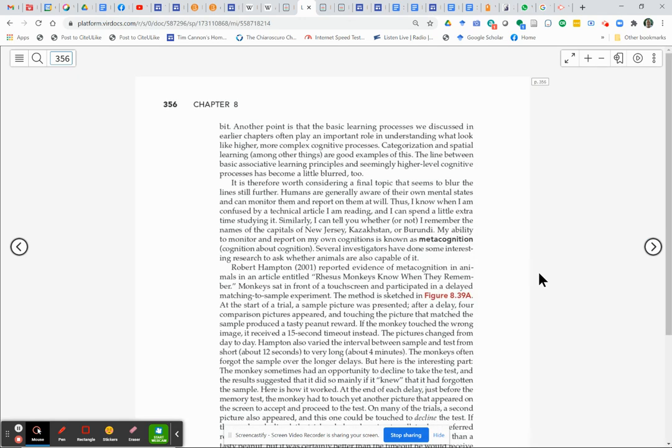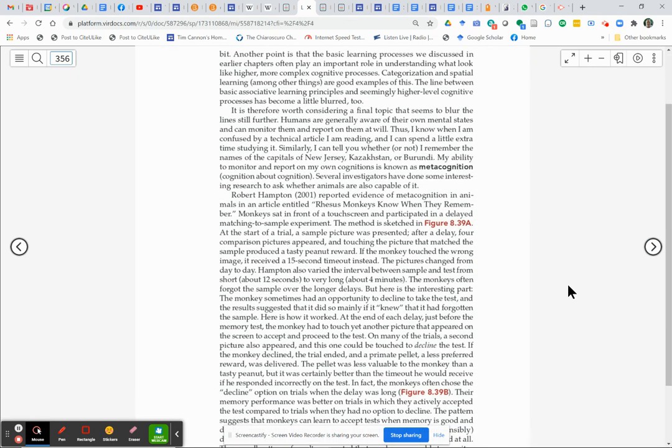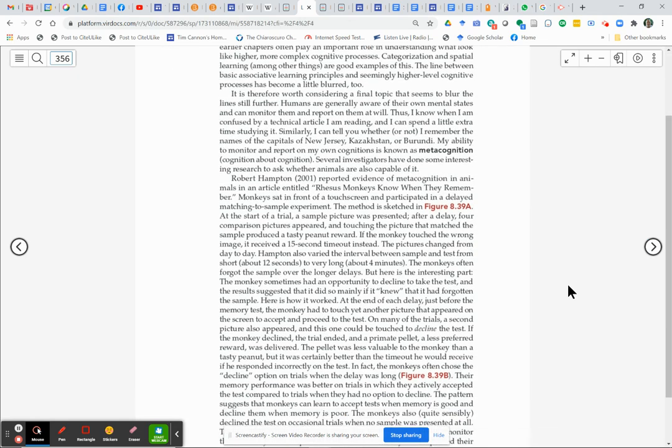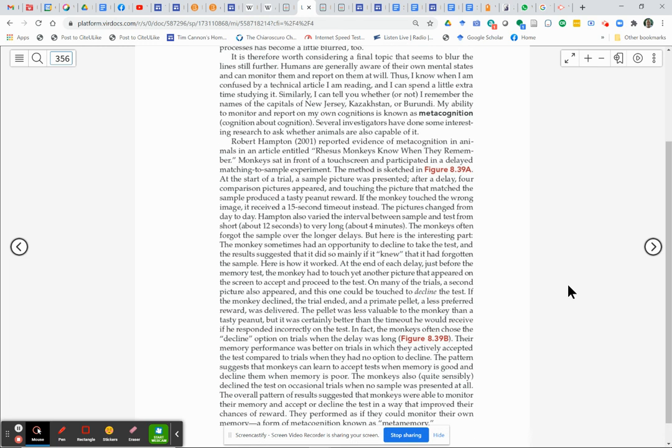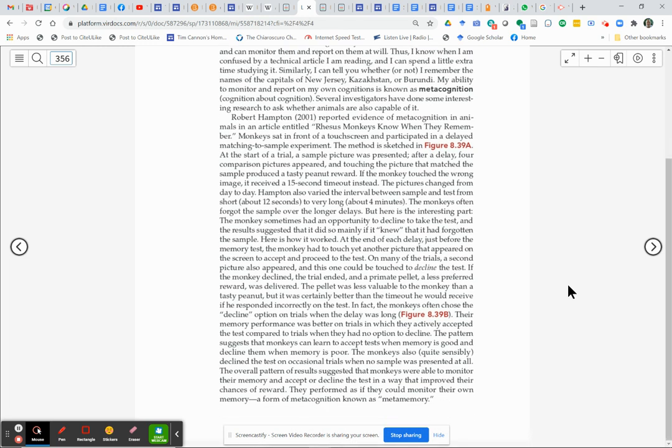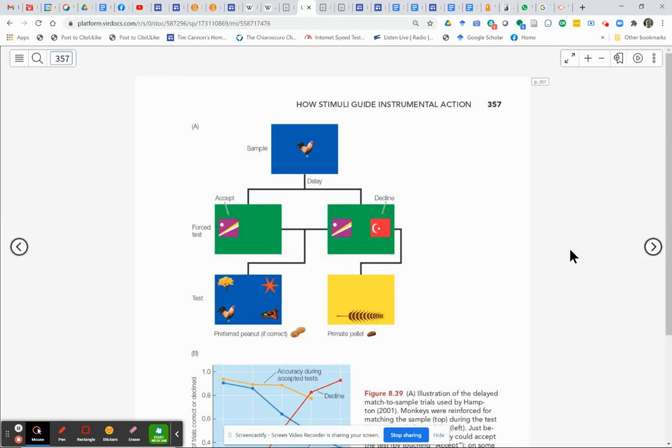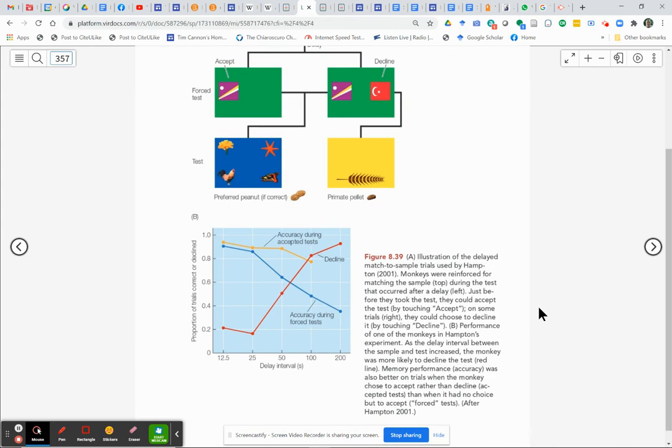And there's some cute research, rhesus monkey, I think it's rhesus. Yeah, it's rhesus monkeys. They're put in a situation where they have to solve a problem, and they can abort and decide, no, I don't want to do this trial. And the data here are really quite compelling that the animals, to some extent, know about knowing. And there's your target, and you accept the trial, you reject the trial, and accuracy.